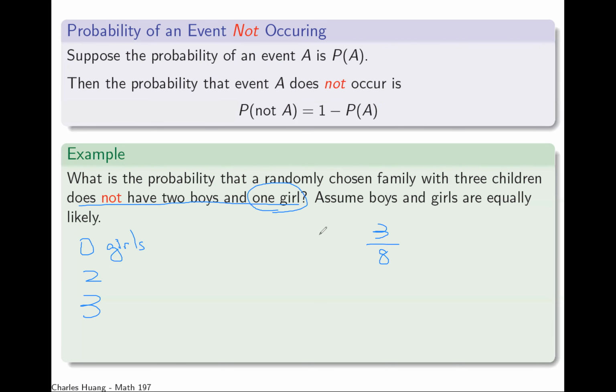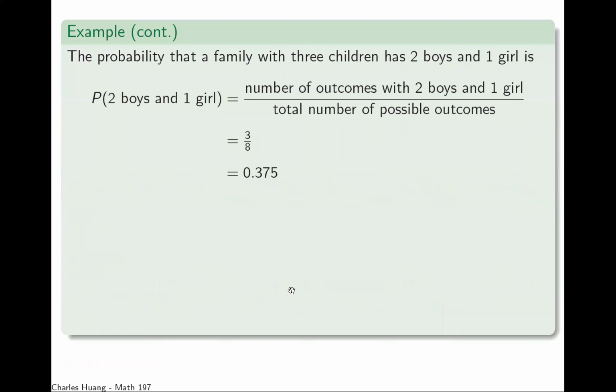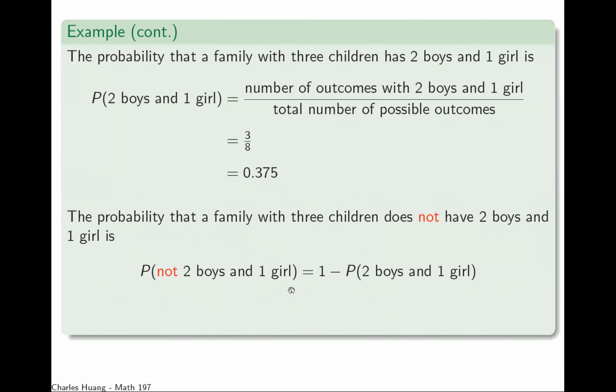Now, in order to find the probability that we don't have 2 boys and 1 girl, we'll take 1 subtracted by that. And you'll notice over here, when I take 1 subtracted by that, we're taking 1 subtracted by 3/8.